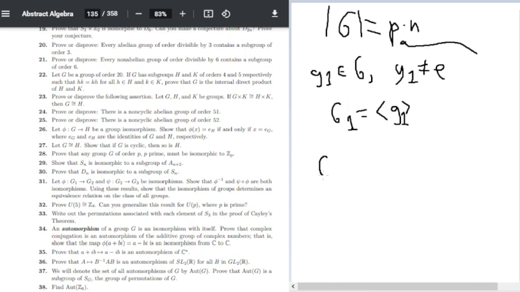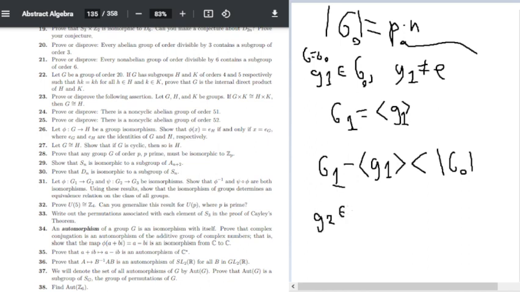Now, note at this point that G minus G1 has cardinality less than G. At this point, we will call G, G naught. Now, we choose some G2 in G naught minus G1.